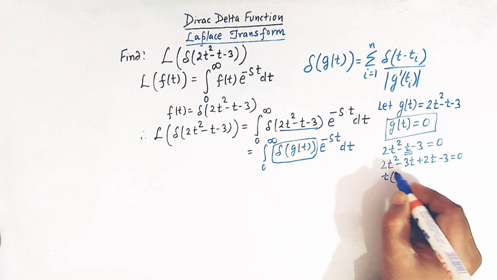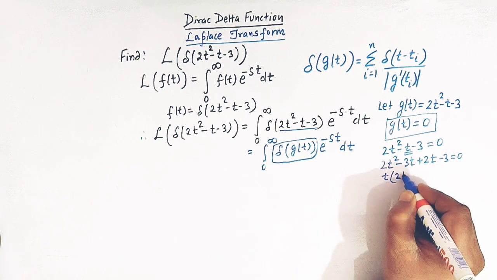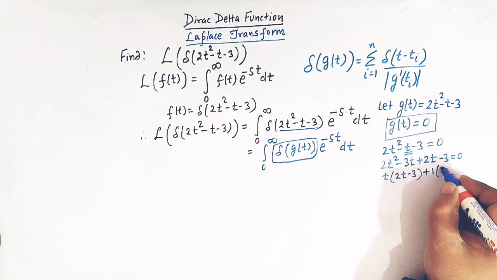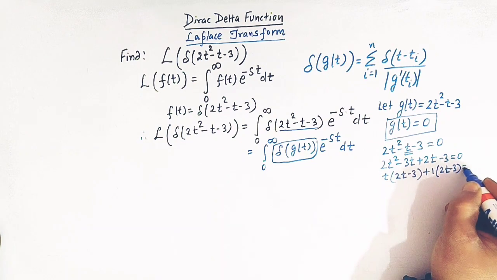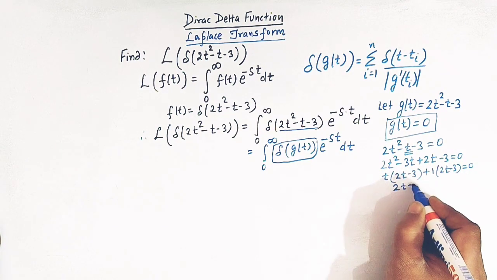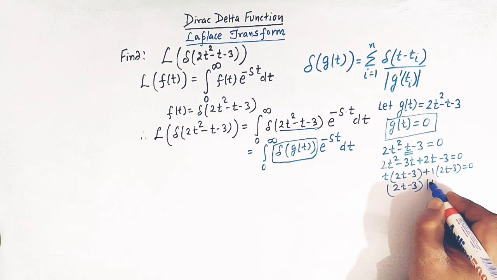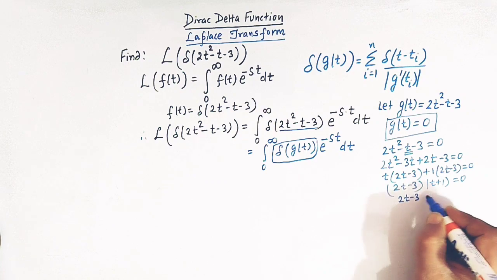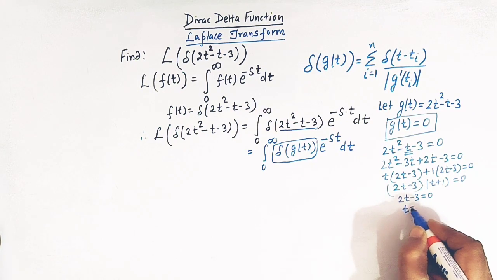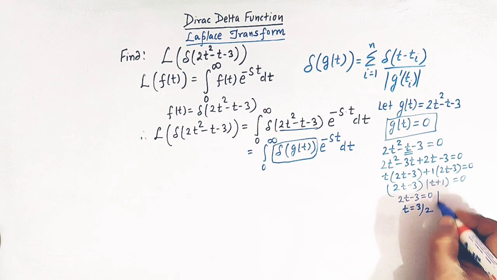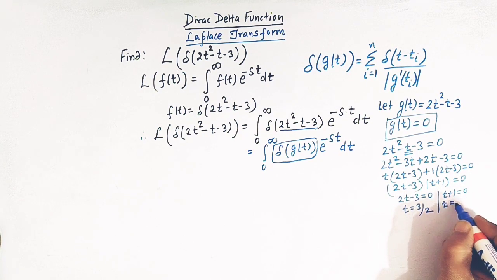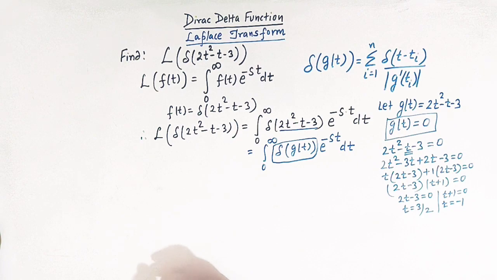Here we can take t common, so we have t(2t − 3) + 1(2t − 3) = 0. So (2t − 3)(t + 1) = 0. Then 2t − 3 = 0 gives t = 3/2, and t + 1 = 0 gives t = −1.